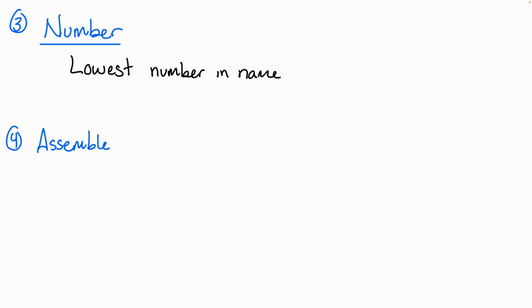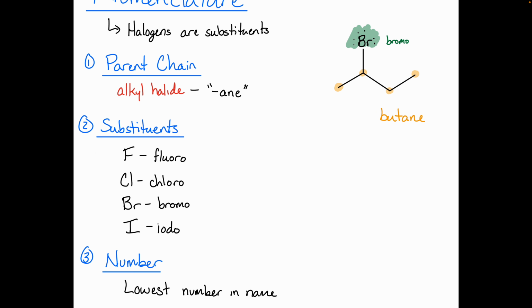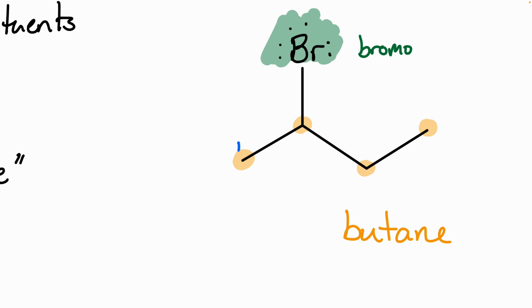And then we assemble everything together just like we always did. So when I number my parent chain here, I want that bromo group on the lowest possible number. So this would be 2-bromobutane.